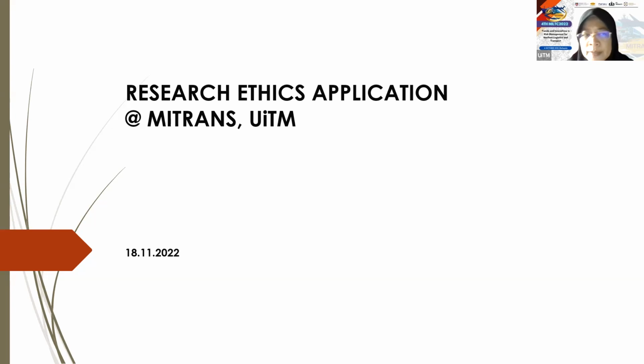The idea is if anything goes wrong, for example, if you are doing a survey and you are collecting information from the netizen or from the population, and if they are not happy about it, they can always come back to UITM and sue the researcher for that kind of harassment, for example.